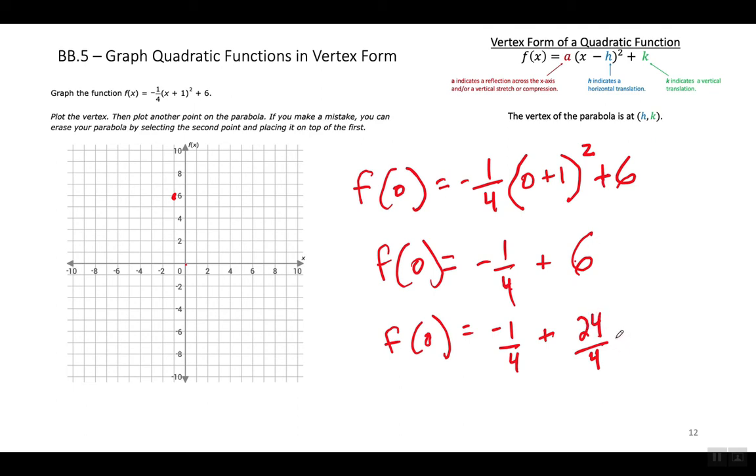Anyways, when I combine that, I get 23/4, which when I divide this, I get 5.75. Yeah, I'm going to have to redo this.